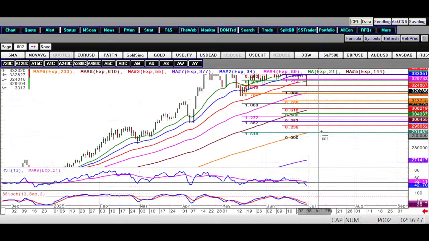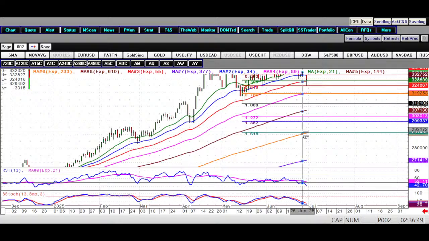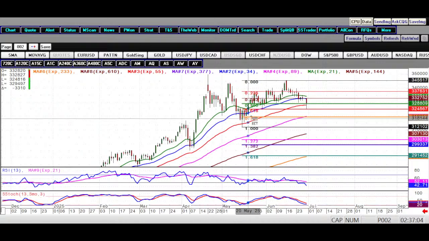This is what we call extension, and we use a maximum of 127.2, 138.2 and 161.8, which are 127.2%, 138.2% and 161.8% of this movement.